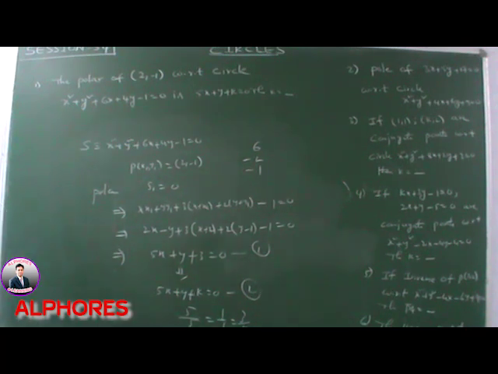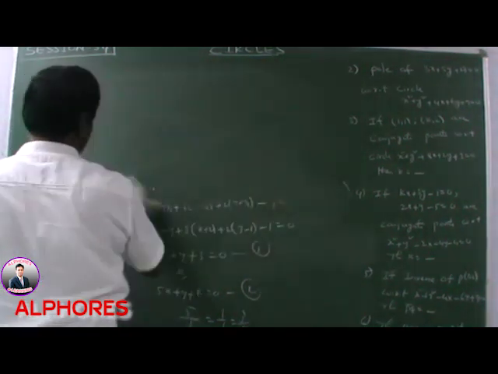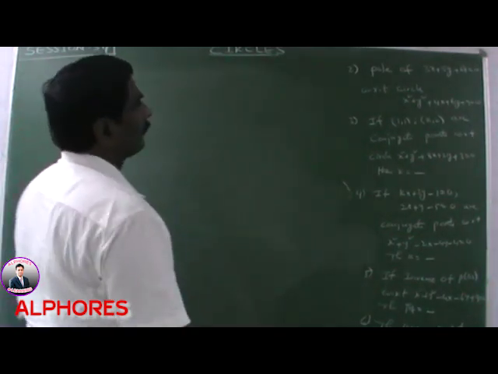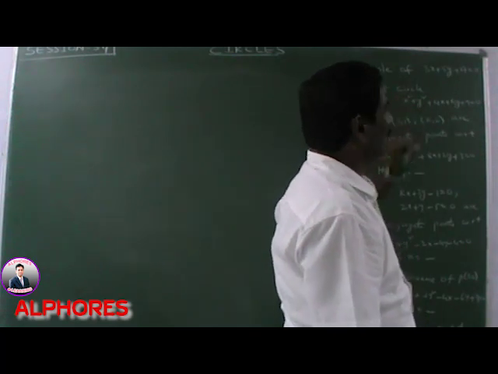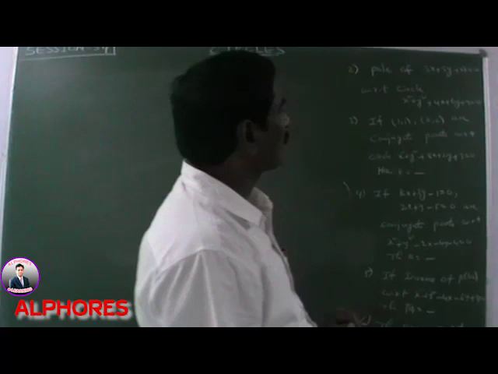Next, second one. Pole of 3x plus 5y plus 17 is equal to 0 with respect to the circle x square plus y square plus 4x plus 6y plus 9 is equal to 0.